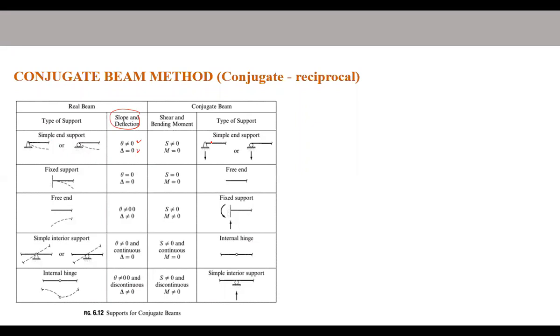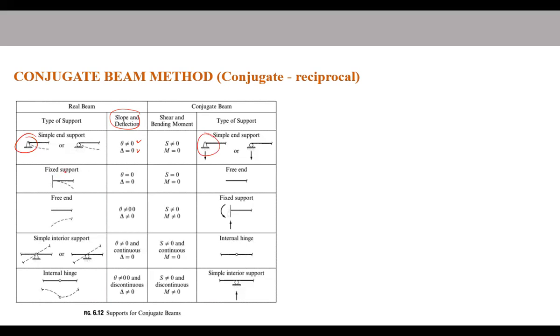In a real beam, you cannot have deflection, that means in a conjugate beam, you cannot have moment. So what kind of support can give you no moment but shear force? A pin support will give you shear force, but not moment, because it will rotate. So a pin support will become a pin support in a conjugate beam.